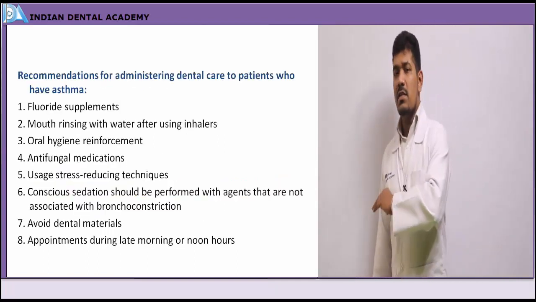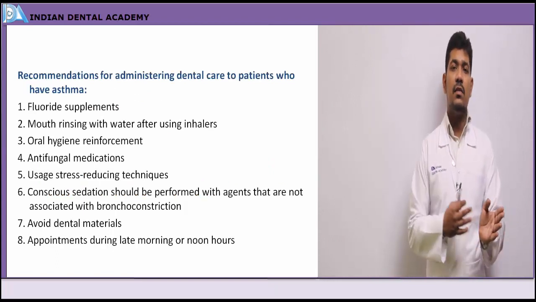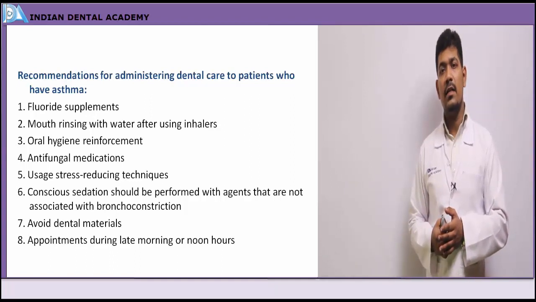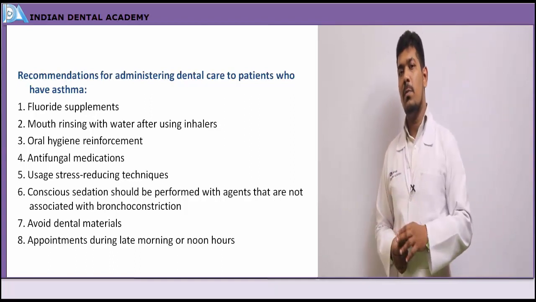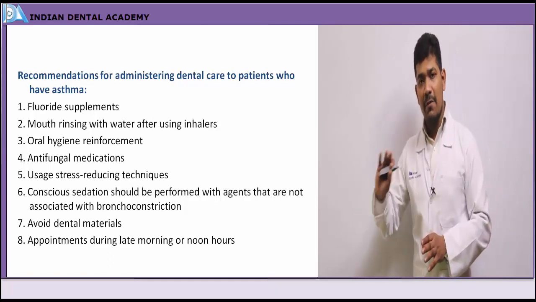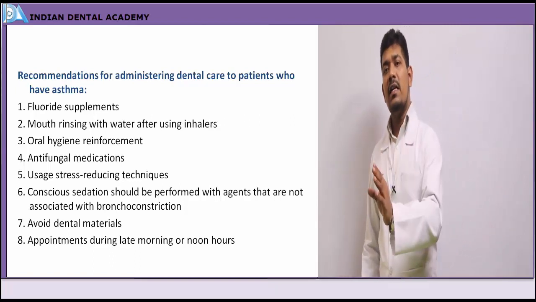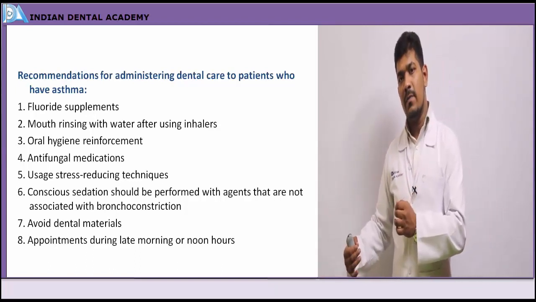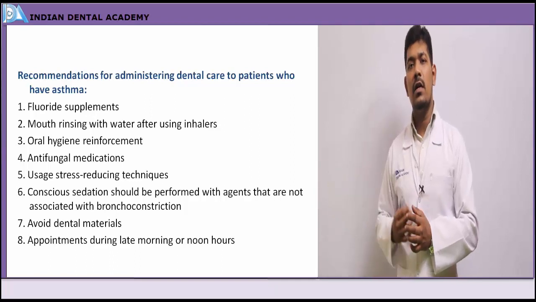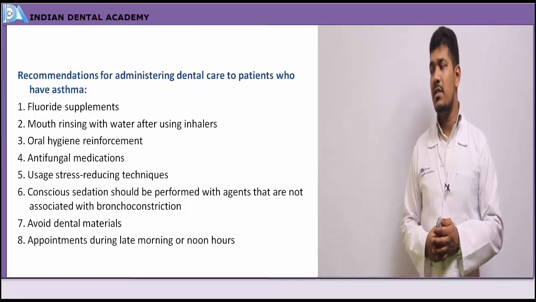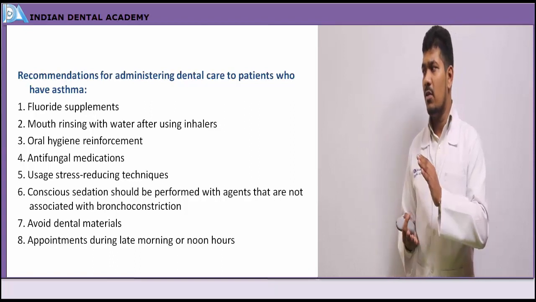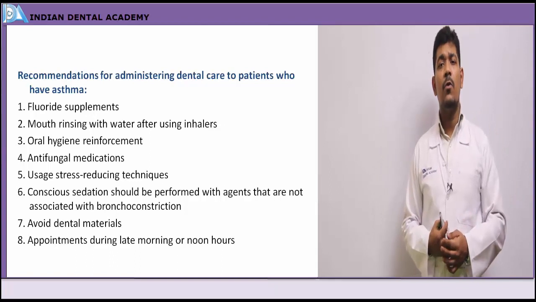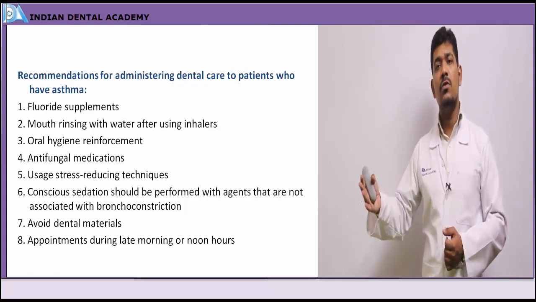So what are the recommendations? As I said, all the dental materials which are used in the normal clinical setting, which have a known link to triggering an asthmatic attack, have to be controlled, and all the medications which produce the side effects of oral dryness and all its sequelae have to be counteracted by using a suitable protective agent, starting from fluoride supplements, or mouth rinsing with water after using inhaled corticosteroids, so as to reduce the effect of corticosteroids upon the oral mucosa, hence reduce the oral dryness.